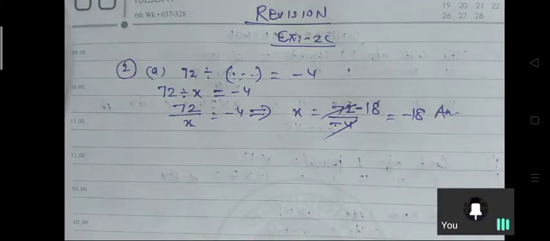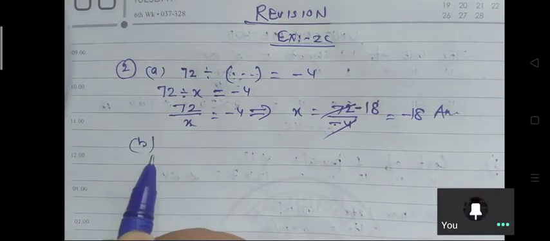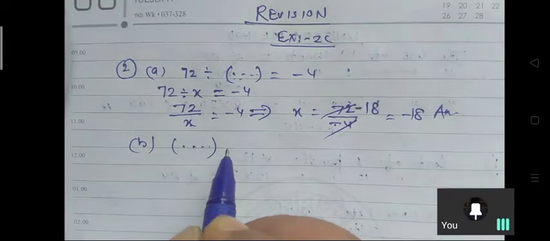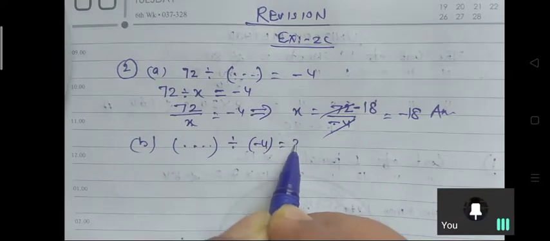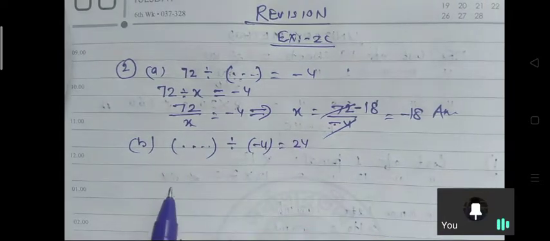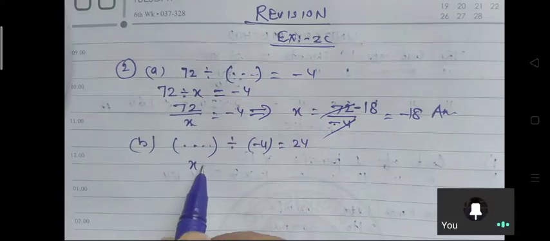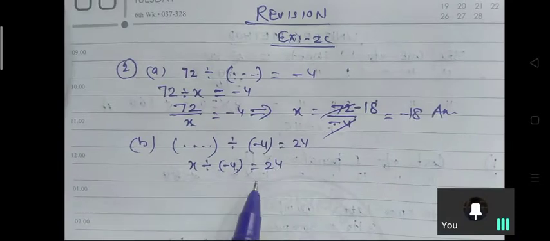All right, now let's see question number B. Again here we are having the blank space which is divided by minus 4 to give 24. In place of blank space, let us assume that this is x. So x divided by minus 4 equal to 24.